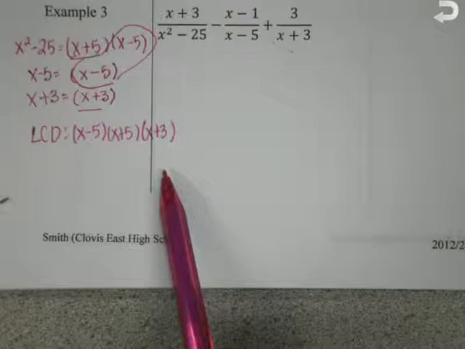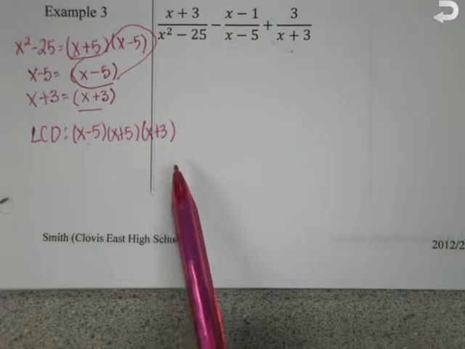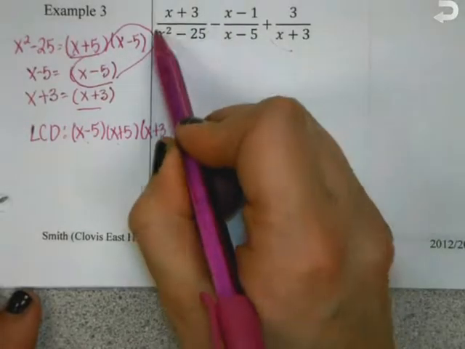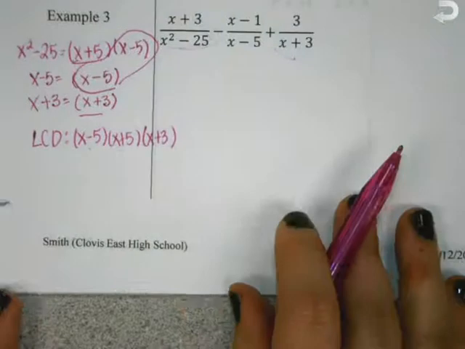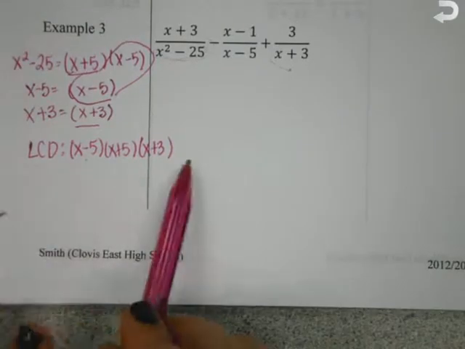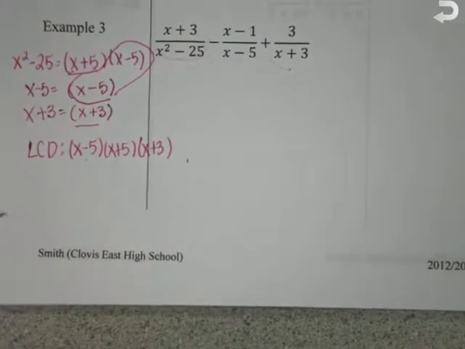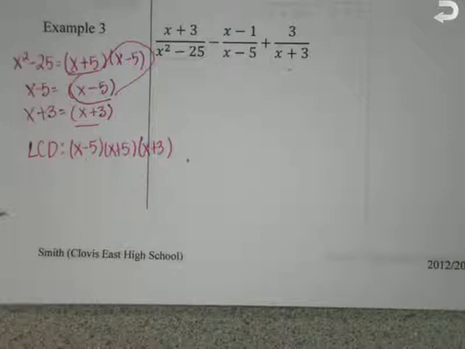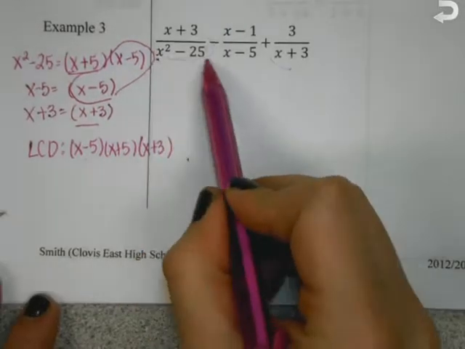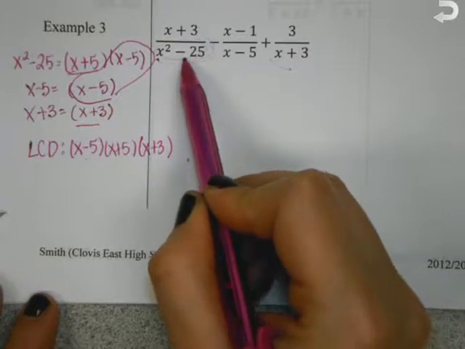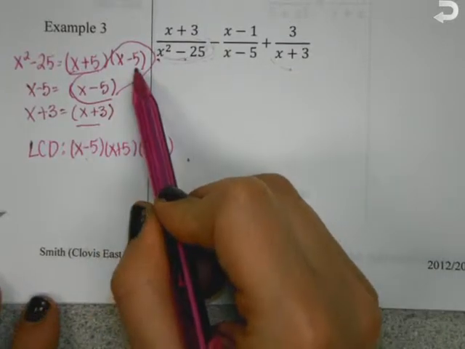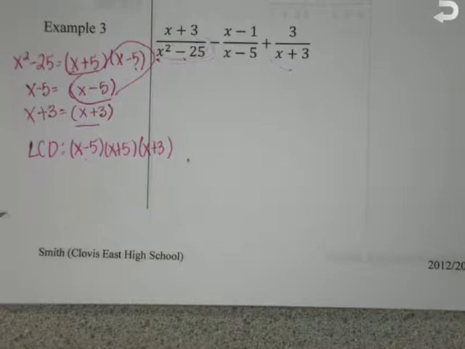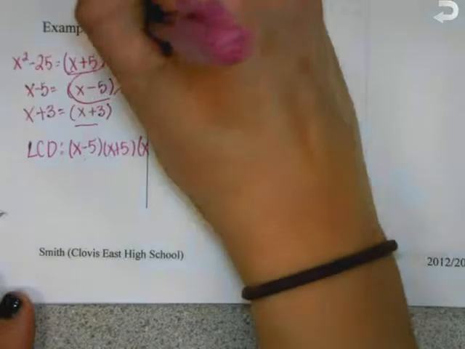Now, let's look at each term. We determined the common denominator. All I want to do now is to get that common denominator. So this x squared minus 25, that's x plus 5 times x minus 5. So what's the only term from the LCD that it's missing? X plus 3. So you're going to multiply the numerator and denominator by x plus 3. Okay?